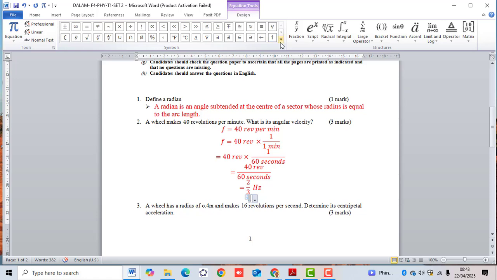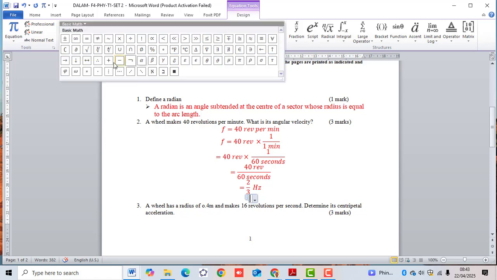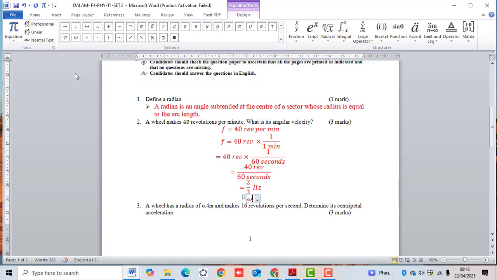Then from there is when I allocate to angular velocity. Angular velocity is denoted by omega. Don't confuse angular velocity with the linear velocity v. So the angular velocity omega is equal to 2 pi f. That's how we get the angular velocity.